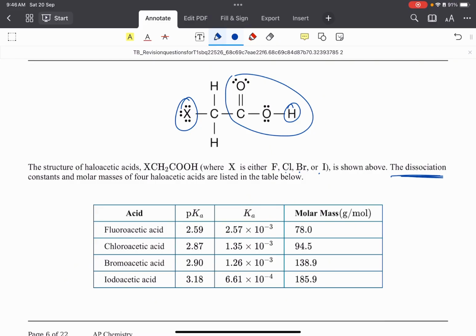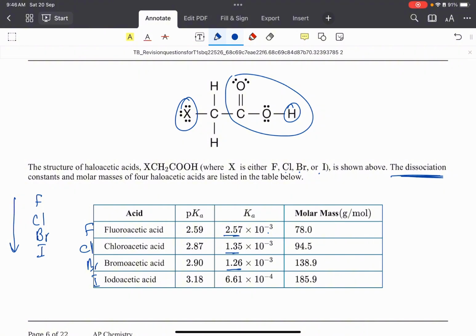So when there is F in it, the Ka is 2.57 times 10 to the power negative 3. When there is Cl, in the periodic table, the order is F, Cl, Br, and I. Okay? So when they are changing the halogen, you see, Ka is decreasing.